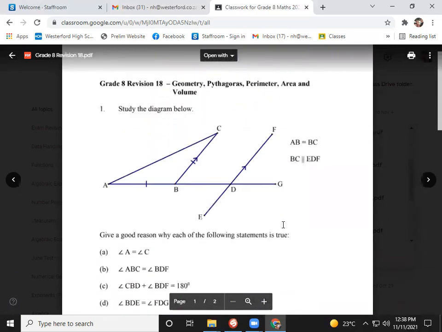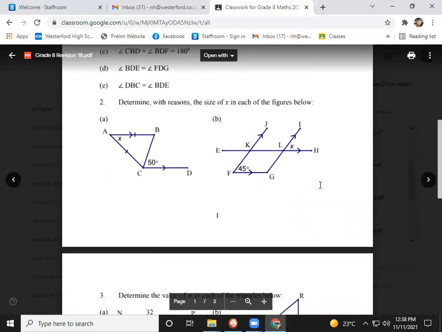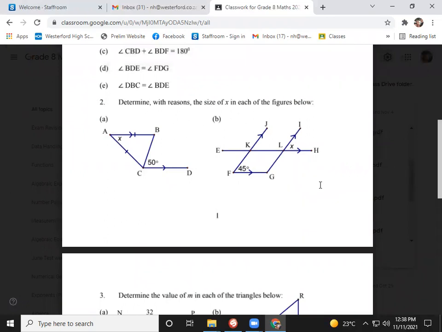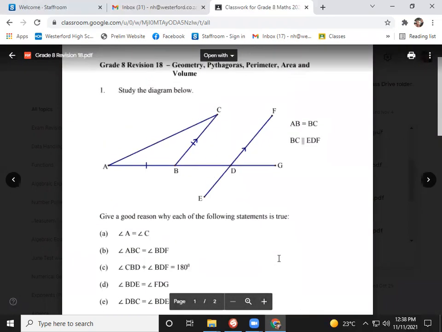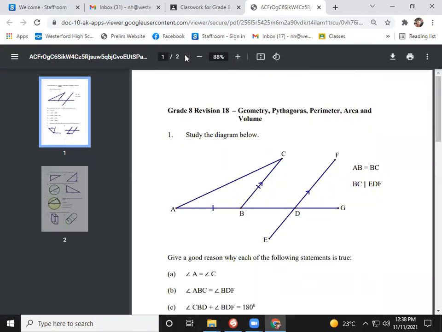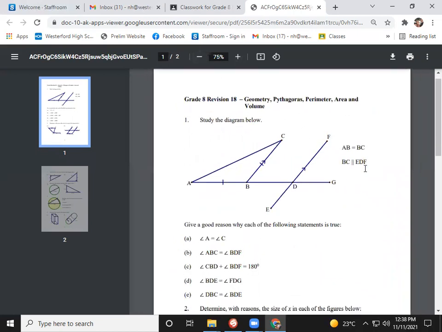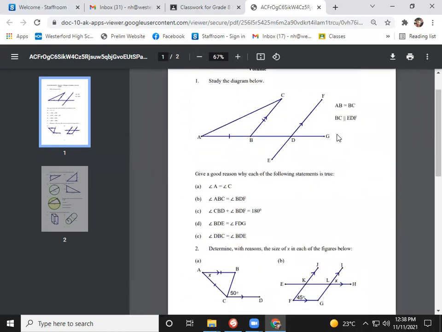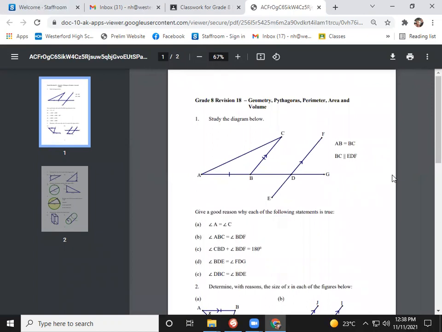Yeah, so revision 18, the first page is another geometry one, so you could work on that one. I'll put it on the board for you. Okay, so that is the first page of revision 18.